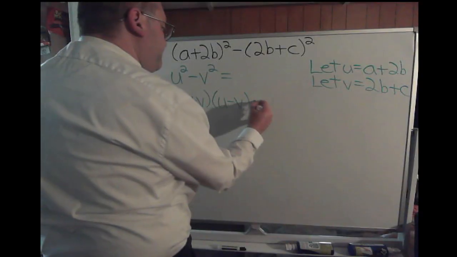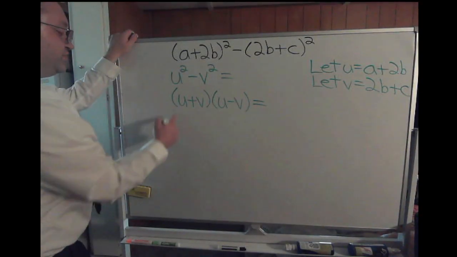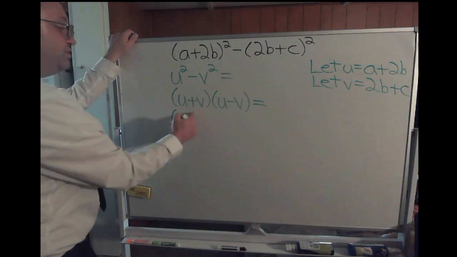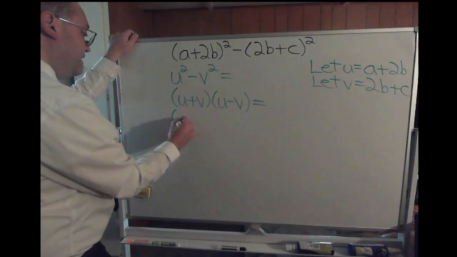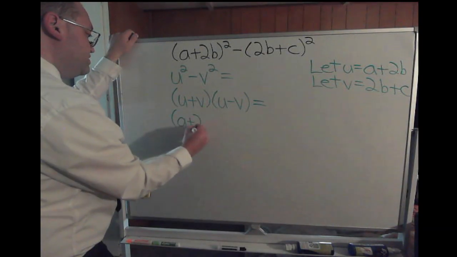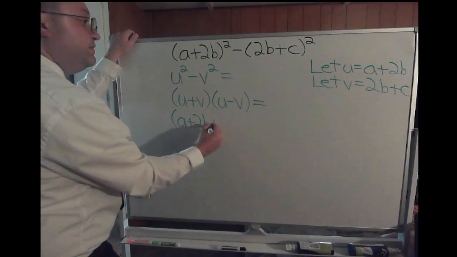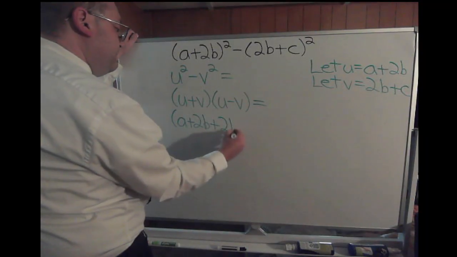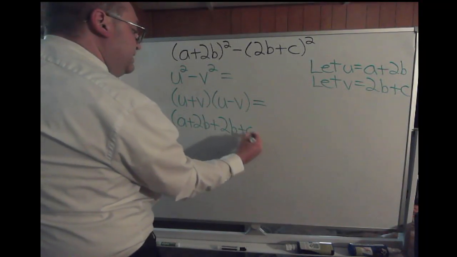Okay? So now put in your values of u and v where they go. U is equal to a plus 2b plus your v, which was 2b plus c.